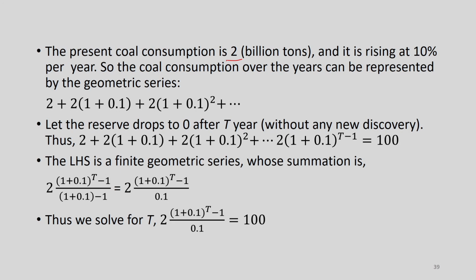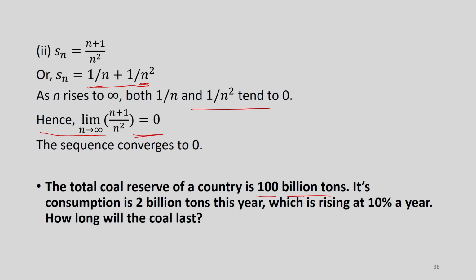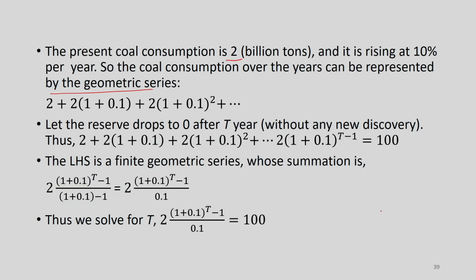So, the coal consumption over the years can be represented by a geometric series given by the following: 2 in this year, in the next year it will be 2 plus 0.1 multiplied by 2, because it is rising at 10% a year.